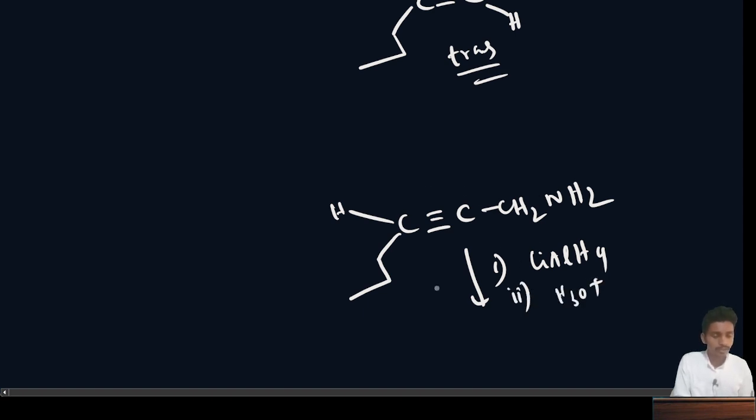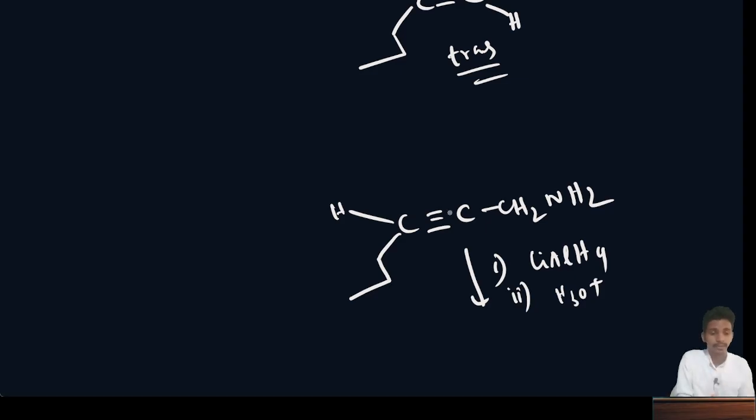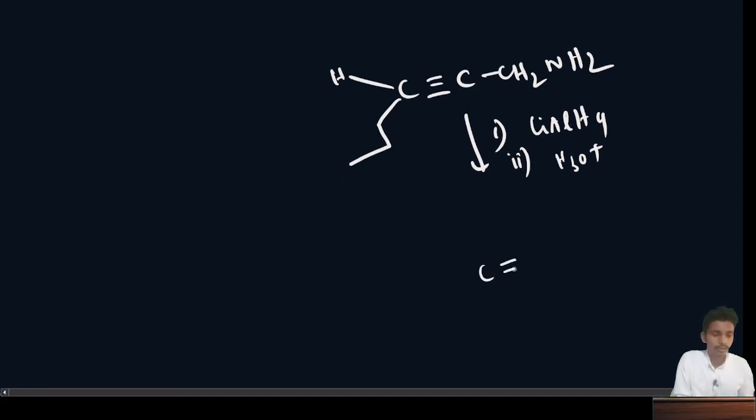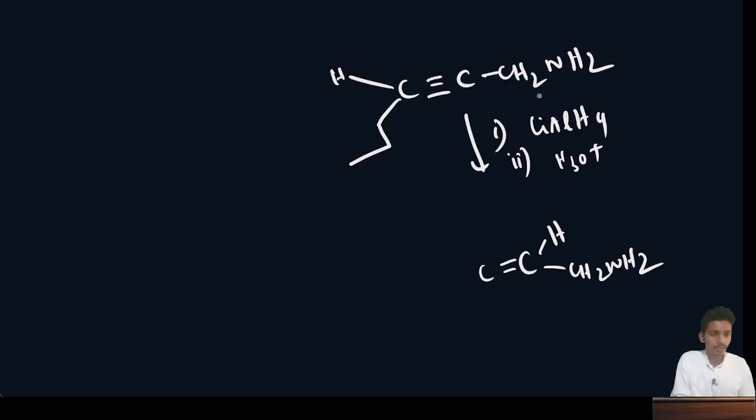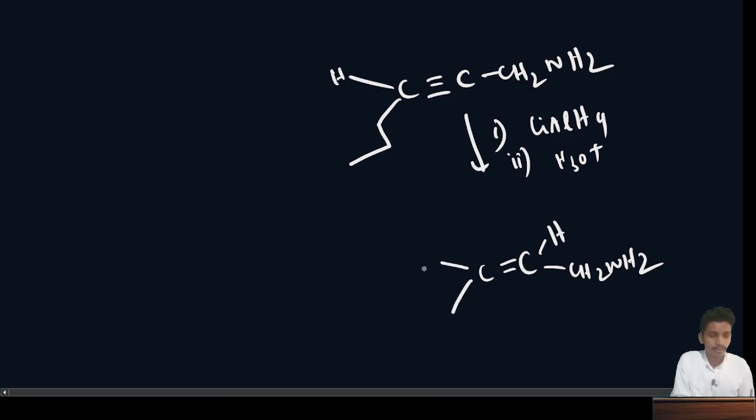In this also, the triple bond gets reduced to a double bond that is trans, not cis. This is reduced to this bond, and this is H, let's say here CH2NH2. This stays the same, and this becomes trans. It means that here 1, 2, 3, this is going to be trans.